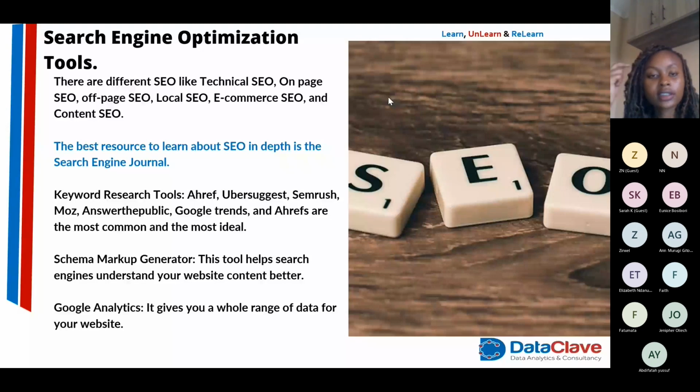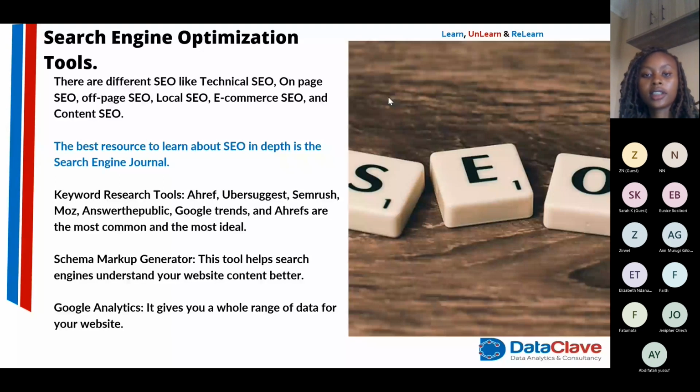I'd advise the best resource to learn about SEO in depth is Search Engine Journal. They have guides, they have blog posts, so you can keep up with the trends in SEO right now. You can start from the beginning and understand SEO from the beginning. I find it very helpful when it comes to SEO.